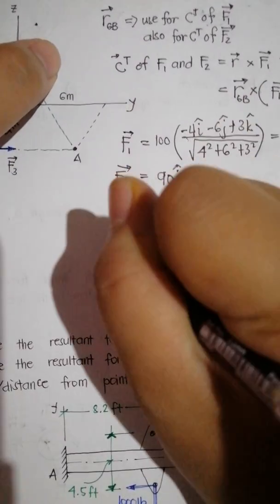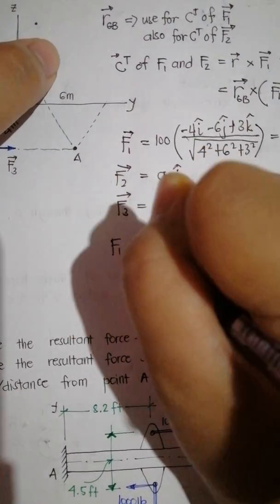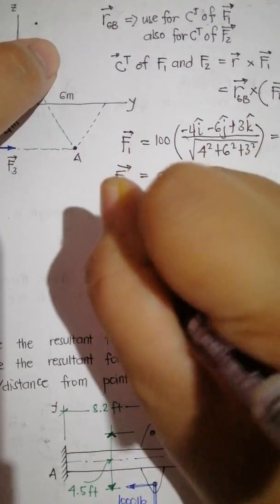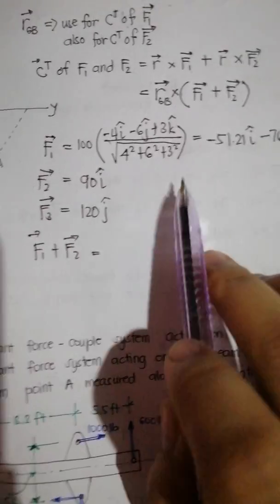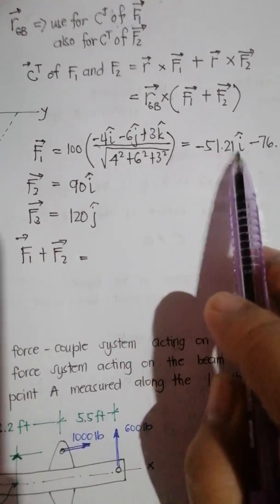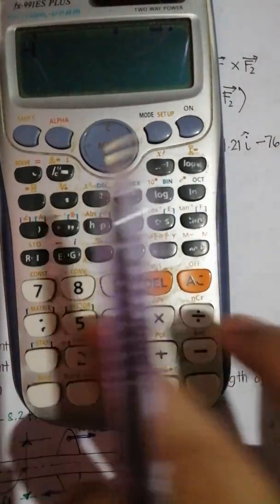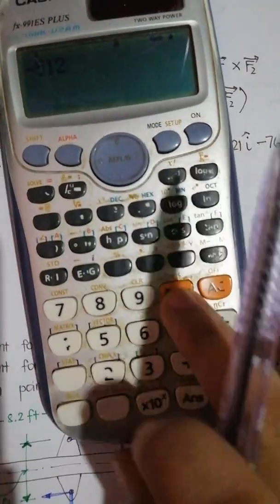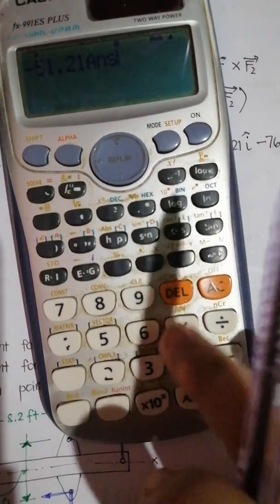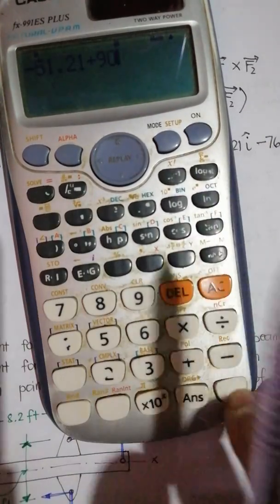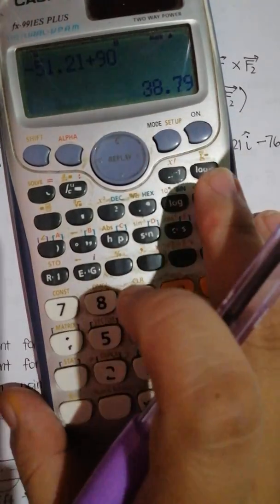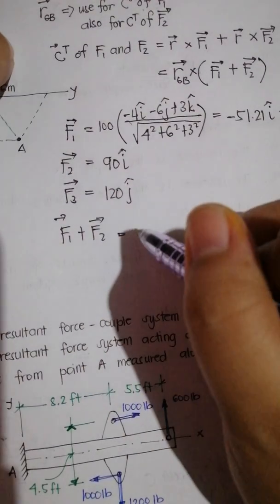So for the result for F1 plus F2 vector, we'll have negative 51.21 plus 90, 38.79 i hat.